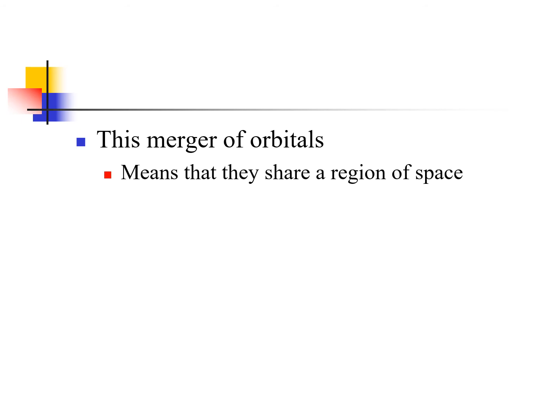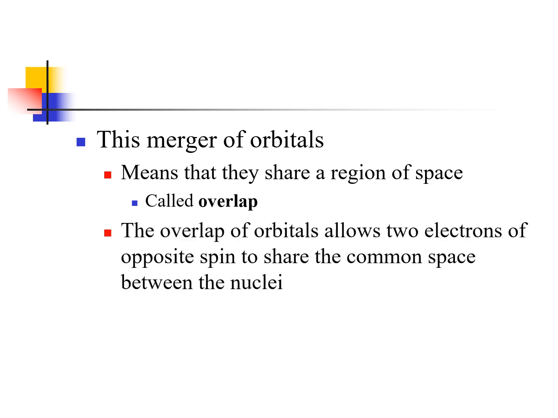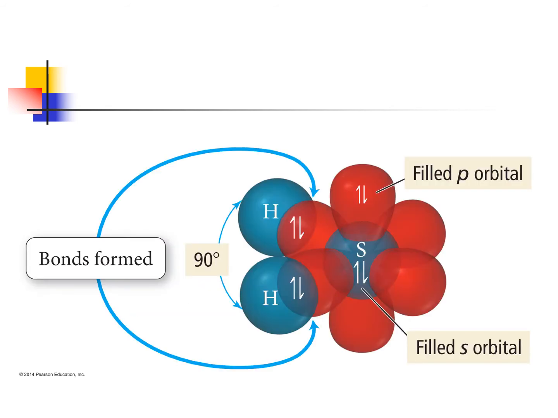Now, with this merger of orbitals, meaning that they share a region of space, we call that overlap, creatively named, I will say. This overlap of orbitals will allow 2 electrons of opposite spin to share the common space between the nuclei. That's the bond. So here would be an example of this sulfur-hydrogen compound. So we see hydrogen, we see sulfur.